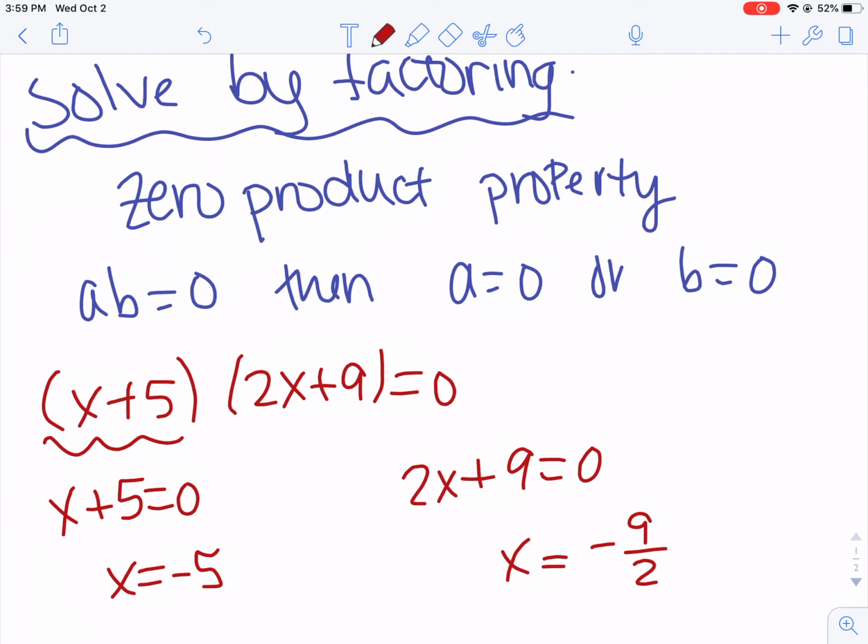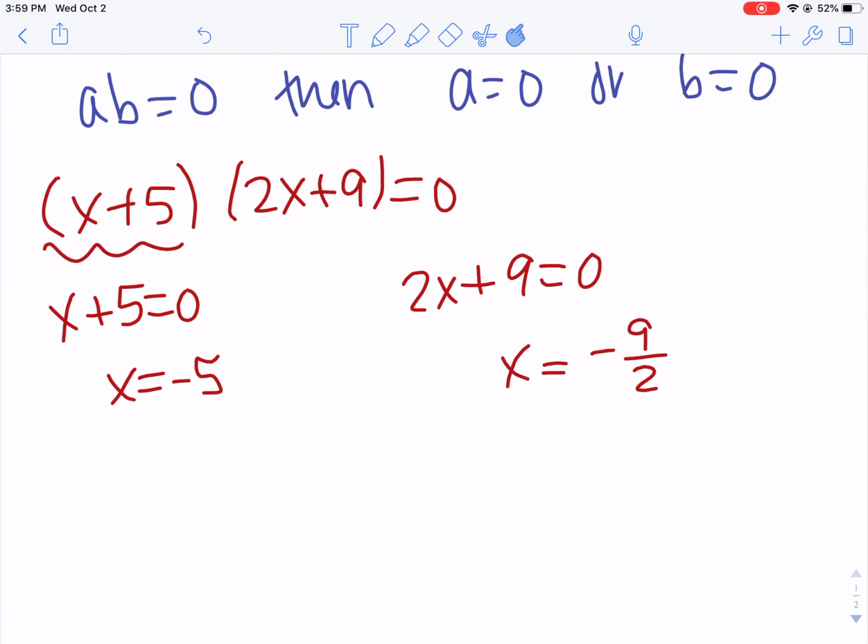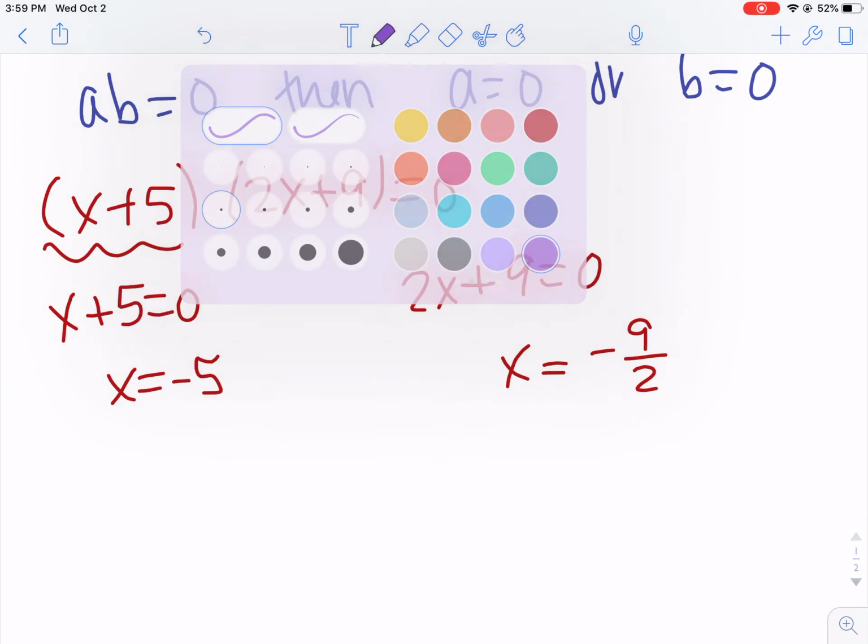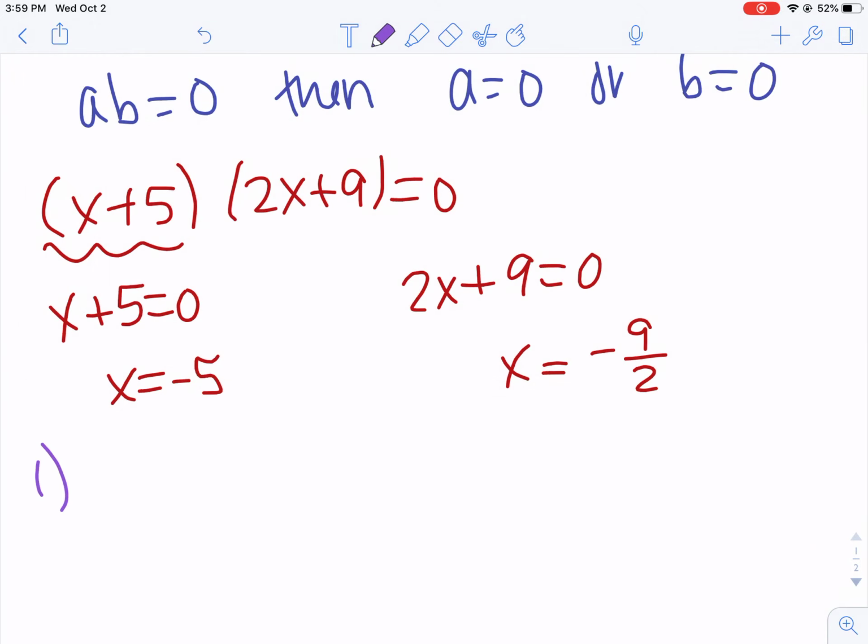Now, there's a lot more to that. To solve by factoring, we're going to do a couple of steps. Your first step is to factor, whether that's using GCF, goal numbers, AC method, grouping, whatever.